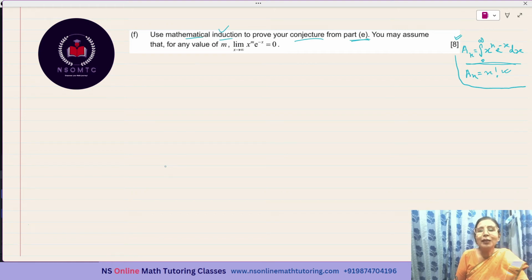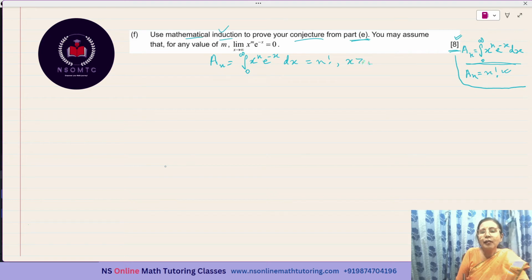Although it contains just a single mark, it is the doorway, the path to getting these 8 marks of subpart F. Okay, and this is what we have to prove, that an is equal to the integral from 0 to infinity of x to the power of n e to the power of negative x dx. This is equal to n factorial, where x is greater than or equal to 0 and n belongs to the set of positive integers. This is what we have to prove using the mathematical induction process.